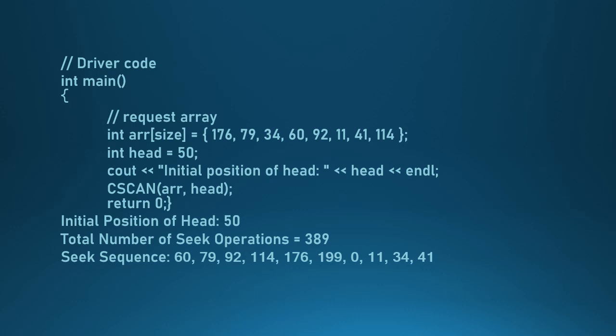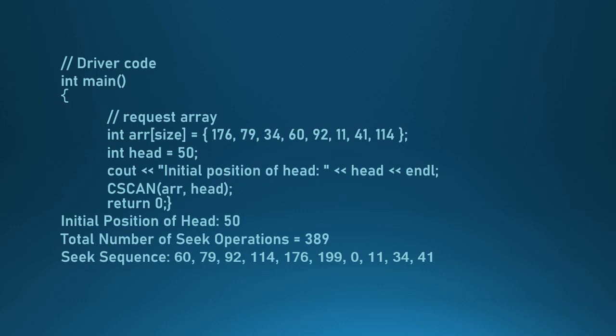Finally, in the driver code, we first initialize the array size with 8, and the numbers are 176, 79, 34, 60, 92, 11, 41, 114, and then we initialize head with the number 50. The initial position of head is 50.